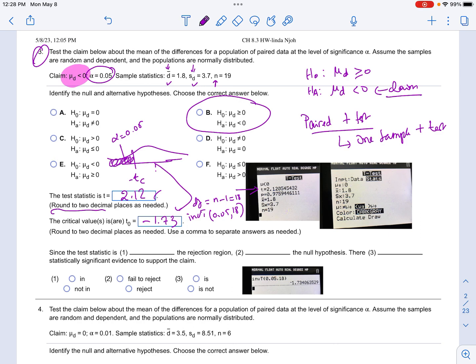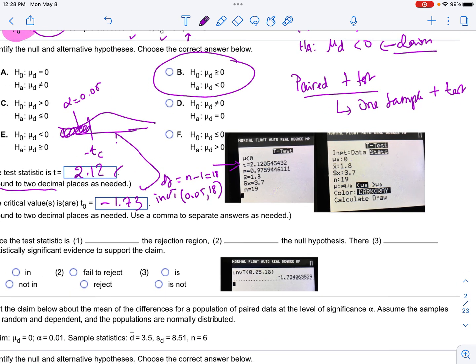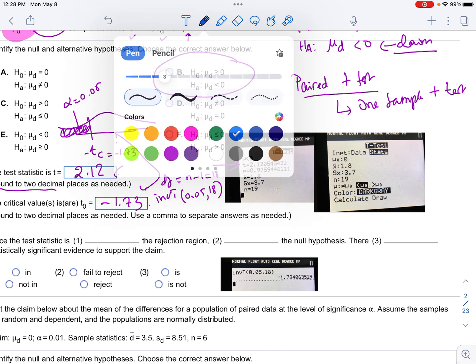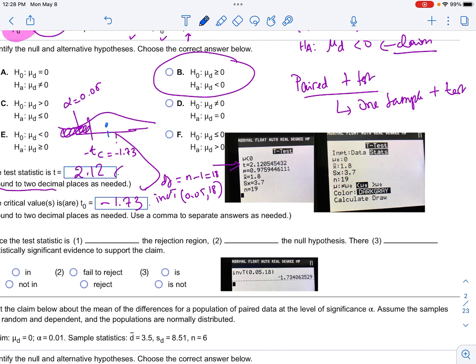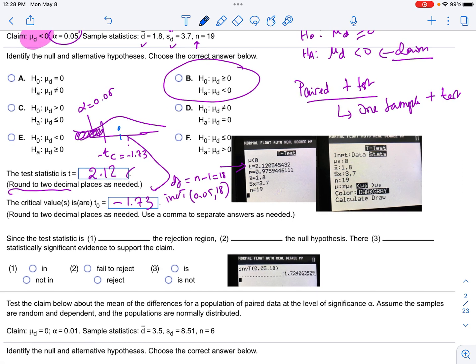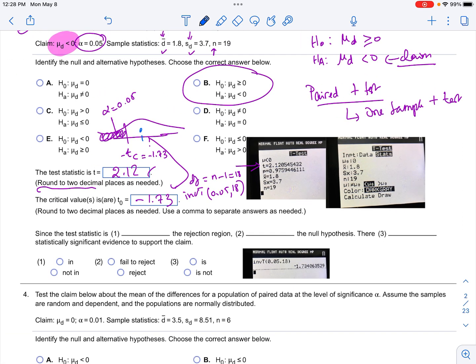Now it's a matter of figuring out: negative 1.73, and my test statistic, which we're going to have in blue, was 2.12. So your test statistic is somewhere right here.